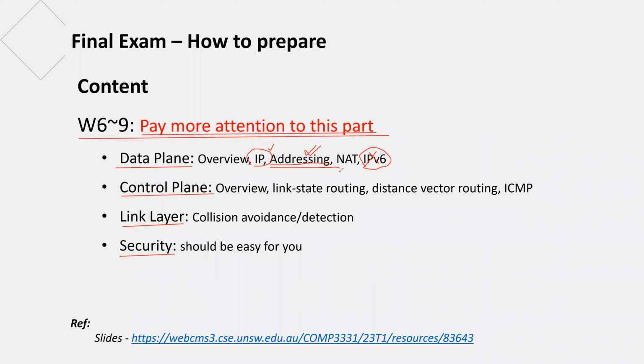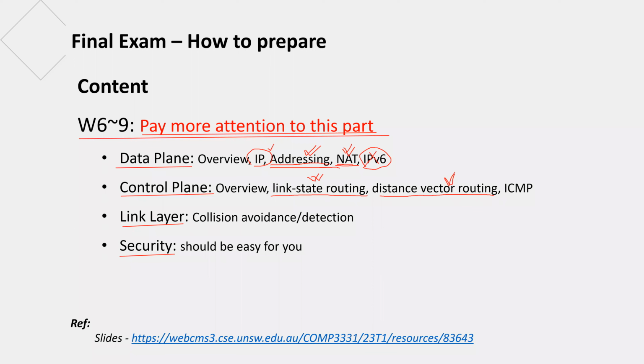And the NAT, usually it will be tested, but it will be a simple, easy question, like the port number stuff. So make sure you understand the concept of it. And link state routing must be tested, and distance vector routing must be tested. Usually this one will be a calculation.